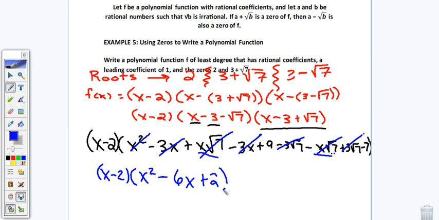Okay, help me multiply everything. Let's take this x times everything over here on the right. So, what's the x times x to the second now? Yep. Minus.